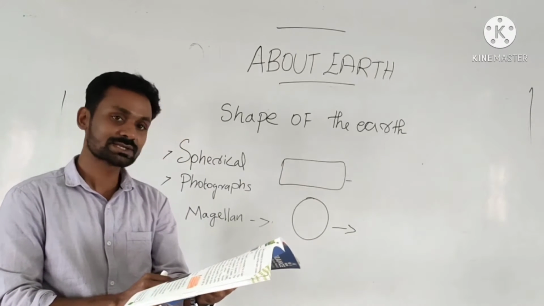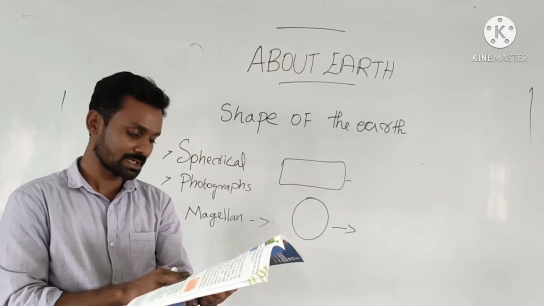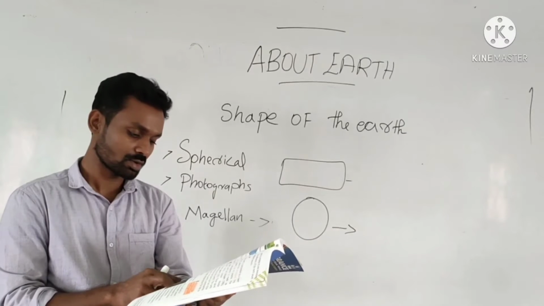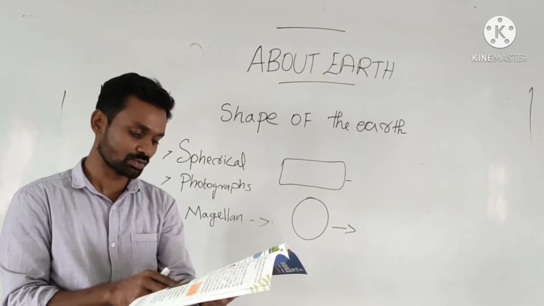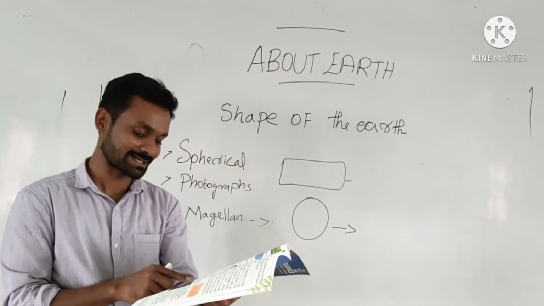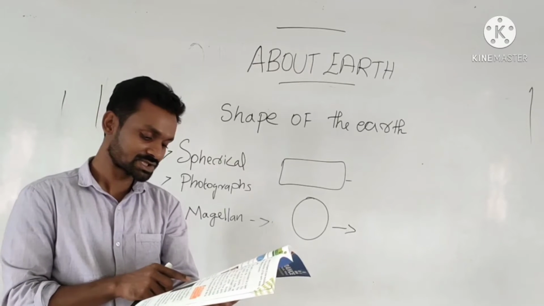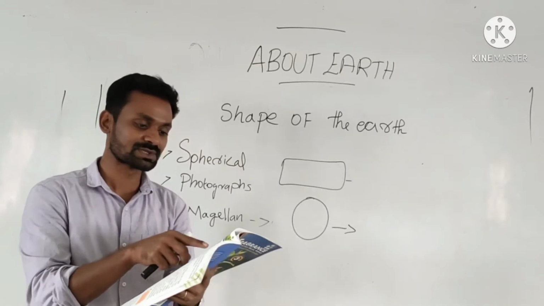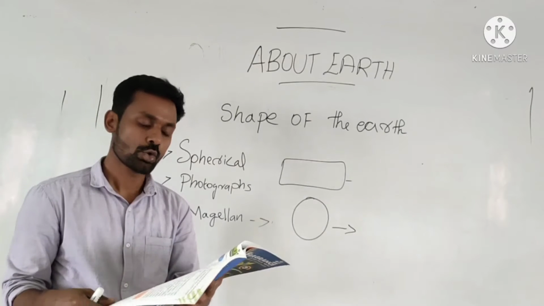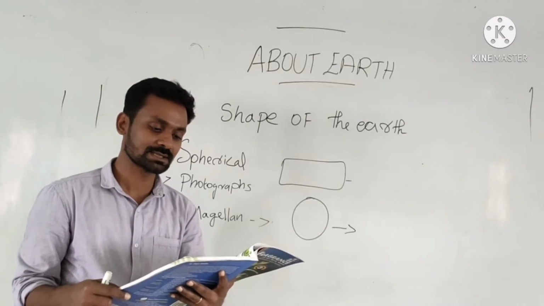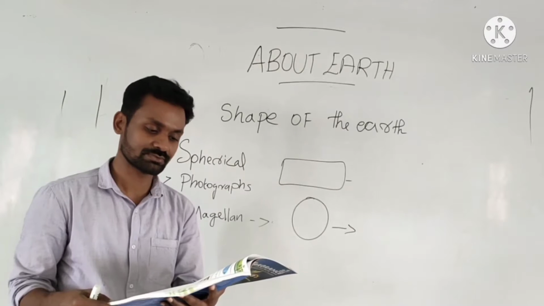Nearly 500 years ago, a Portuguese sailor, Ferdinand Magellan, wanted to prove that the earth was round, not flat. So he started his voyage from Spain and sailed westward in the same direction continuously for 3 years.